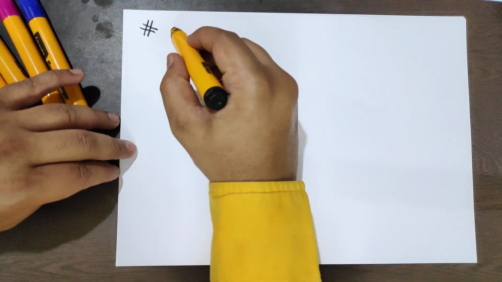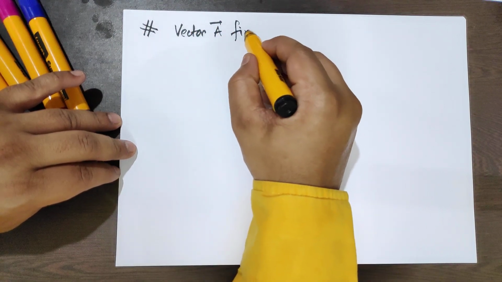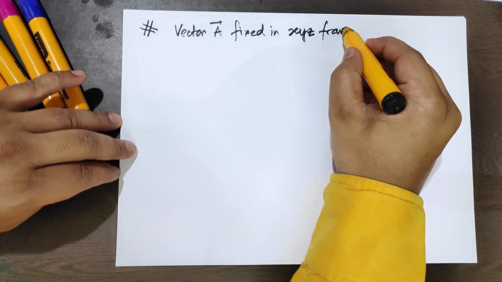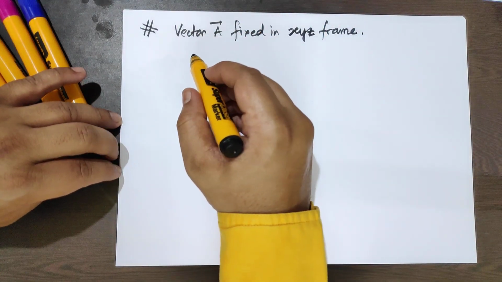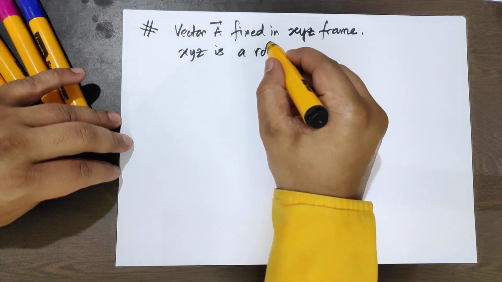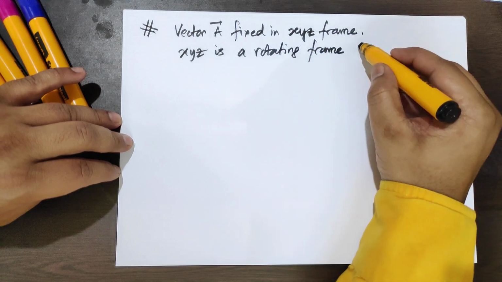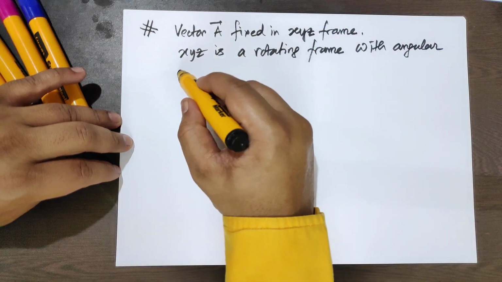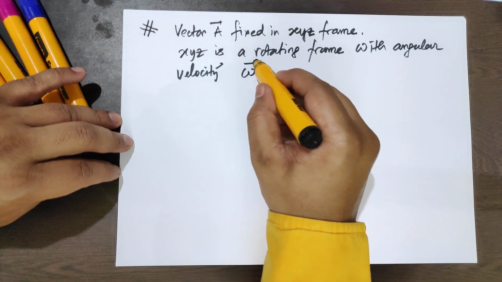Now the next case. We will consider vector A fixed in the small x, y, z frame, and obviously capital X, Y, Z is the ground frame. Now small x, y, z is a rotating frame with angular velocity omega vector.